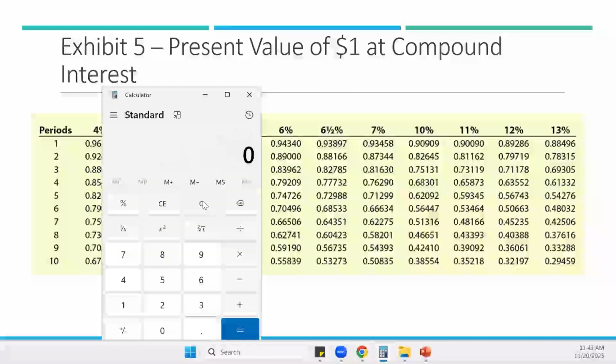So we're going to take our future value of $5,000 multiplied by 0.62092 and get $3,104.